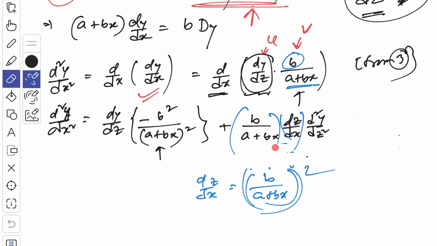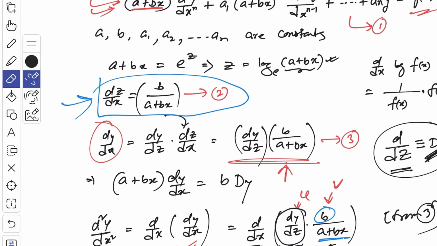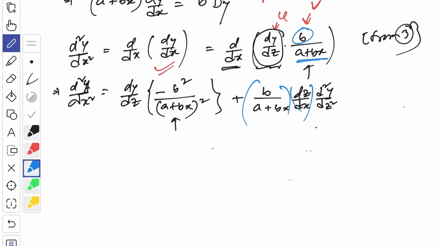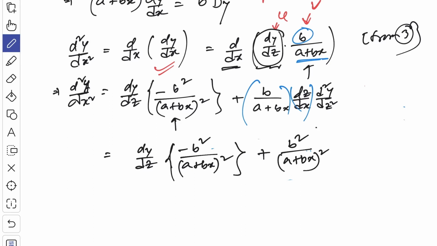So using this equation number 2 here, we will get dy by dz minus b square by a plus bx whole square, then plus b square by a plus bx whole square, the second order derivative of y with respect to z, that's what we will get.